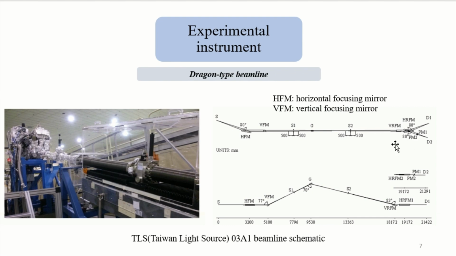At the end, it refocuses again. You can switch the optical components with a proper choice according to the different end station. The Dragon-type beamline not only decreases the error of the light, but also increases the stability of the light source.